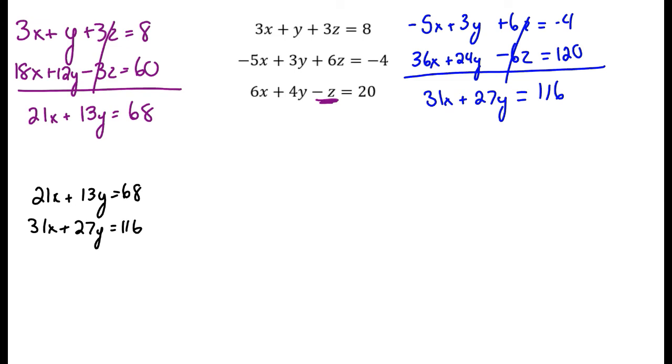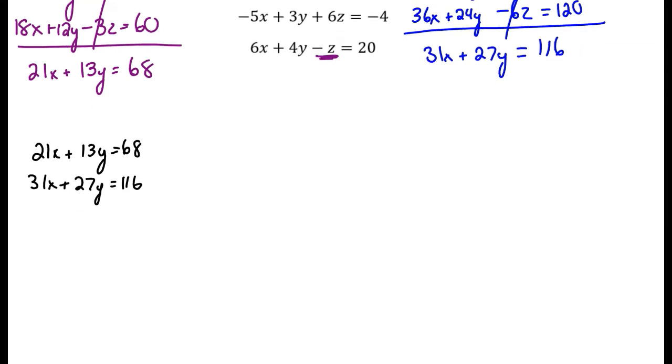So I need to solve this system of equations. And the best way that I can go about doing it is by using elimination. For the sake of it, they're both going to be just as hard to eliminate. Let's eliminate our x's. I'm not even going to try to think of the least common multiple of 21 and 31. So let's multiply that top one by negative 31 and the bottom one by 21.